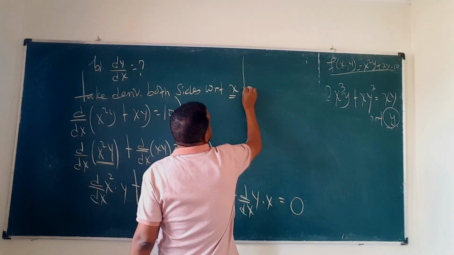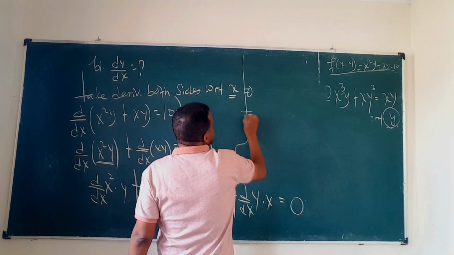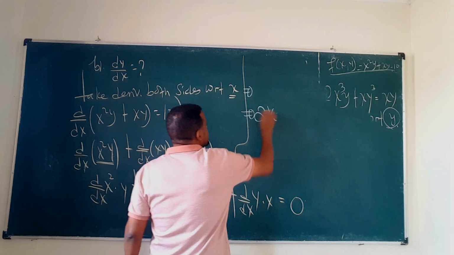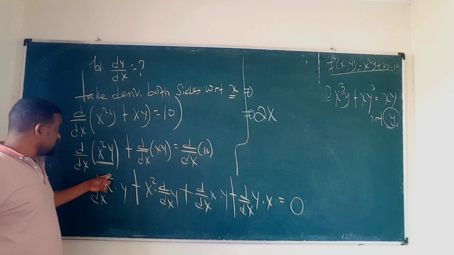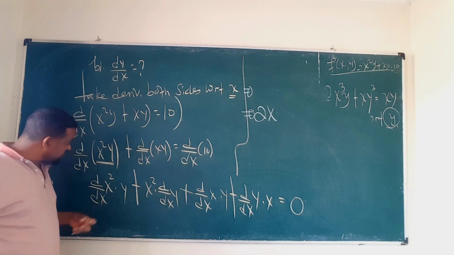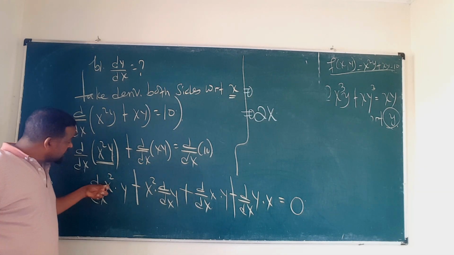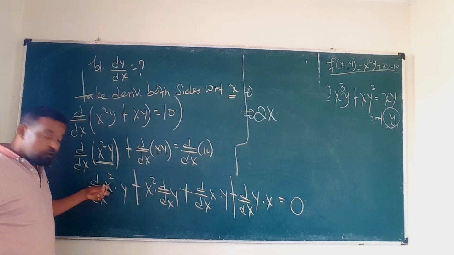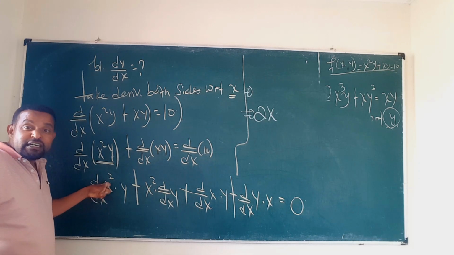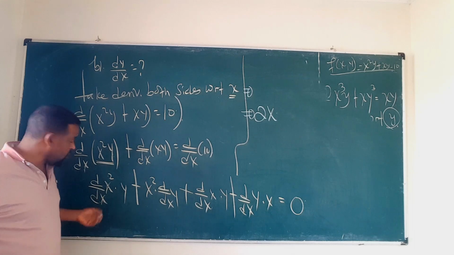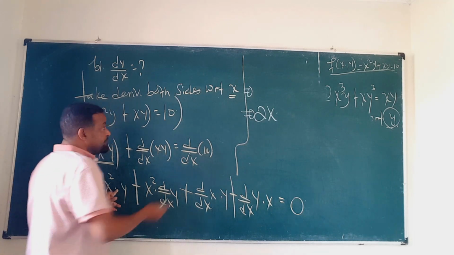The variable of differentiation and the expression we differentiate are both functions of x, so we don't write "with respect to x", it's common. So it is 2x times y.